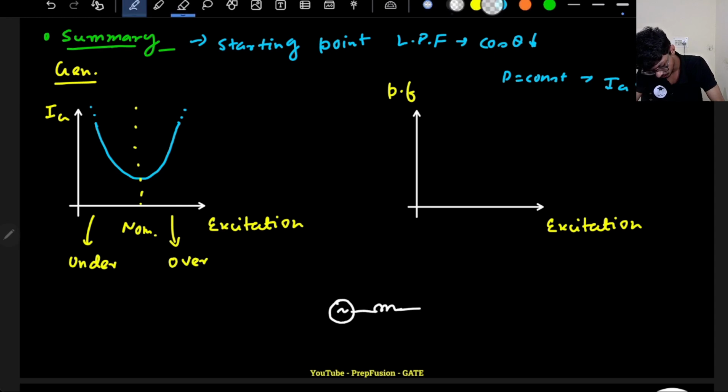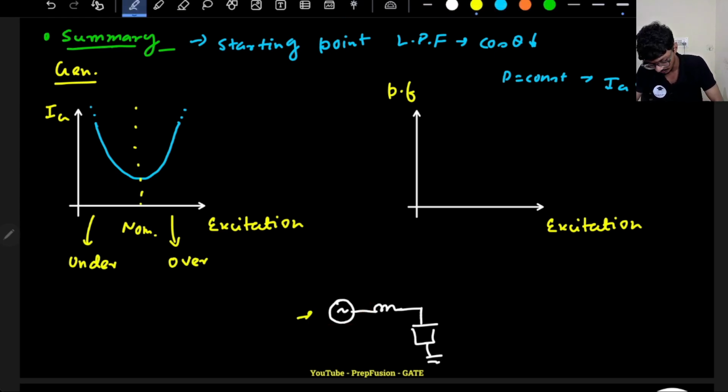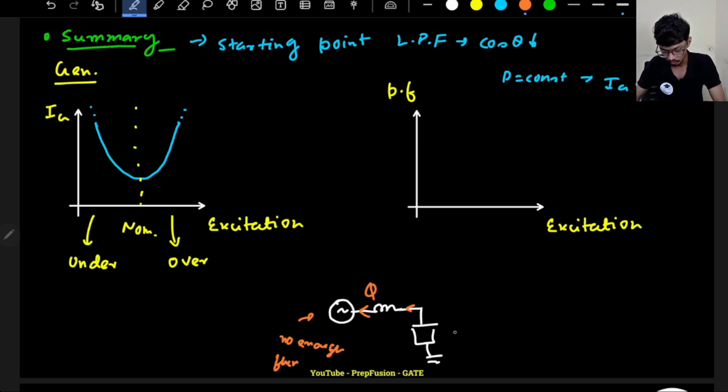I'm just showing you the isolated case. So if the synchronous generator is under excited, meaning it does not have enough flux, what it will do is take the flux from the load. So load is delivering reactive power, so it will be leading.